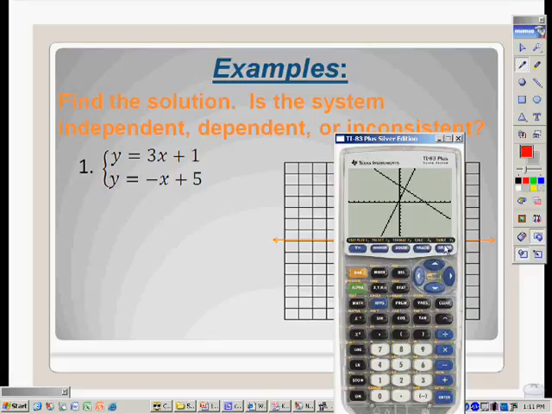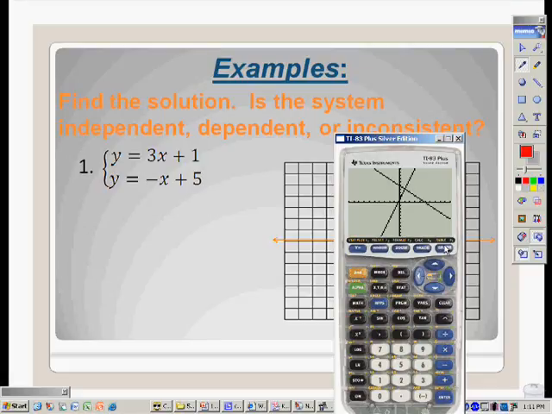Do you have the equations in it? Does it say anything? Do you have y equals in your equations? Alright, is everyone good on the graph?